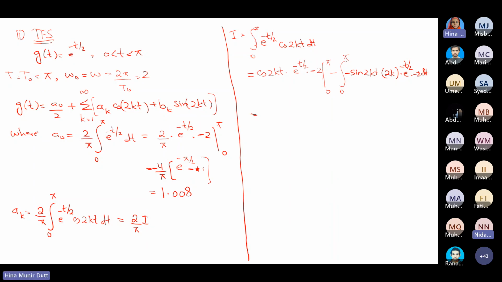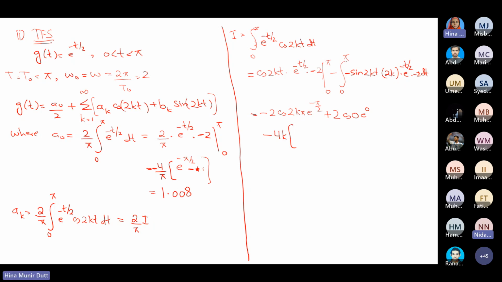So when I substitute the limits of integration, I will get minus 2 cos of 2k pi e to the power minus pi by 2, and then plus 2 cos of 0 e to the power 0, then minus, minus becomes minus, 2 into 2 is 4k integral of sine 2kt into e to the power minus t over 2.